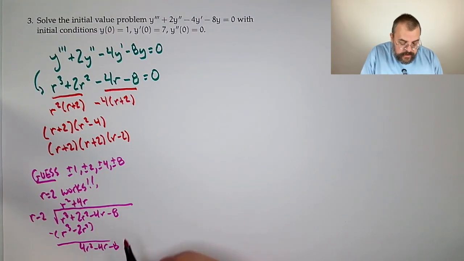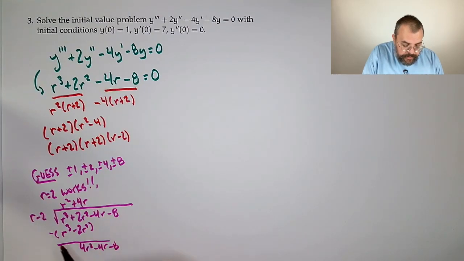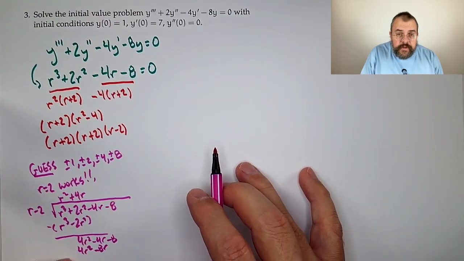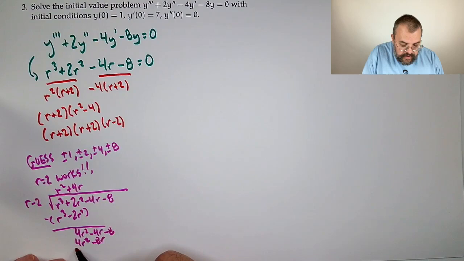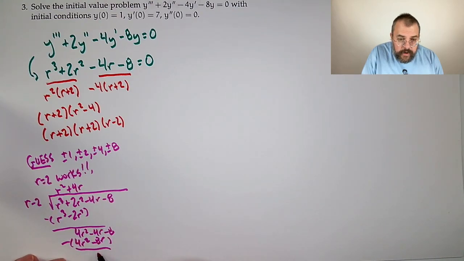All right. So now we multiply. That's 4r squared minus 8r. And let me move this up a little bit so we can finish it. Subtract and cancel. And here we'll end up with 4r minus 8. We say, oh, perfect. We need 4.